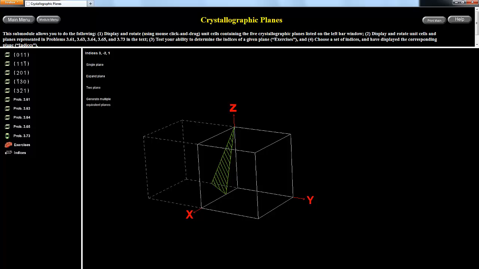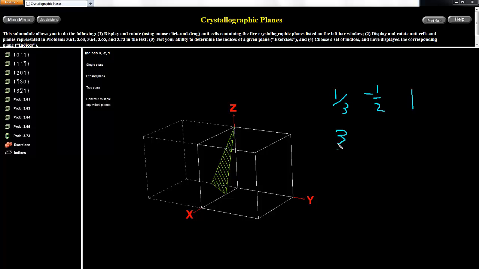Finally, 3 2 bar 1. How do we get the 3 2 bar 1 plane out of this? Well, it goes along x about 1/3, goes along y about -1/2, and it goes along z a full 1.